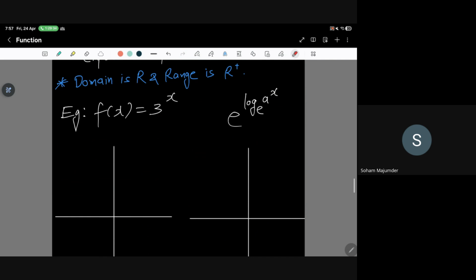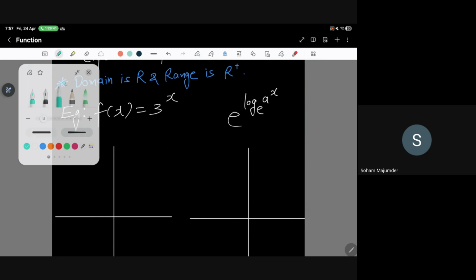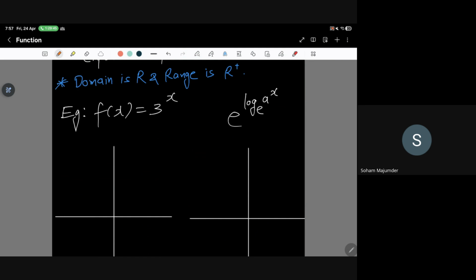Now what do you think if I substitute x equal to minus infinity? What will be the value of 3 to the power minus infinity? Yes, we have seen this in one of the examples.